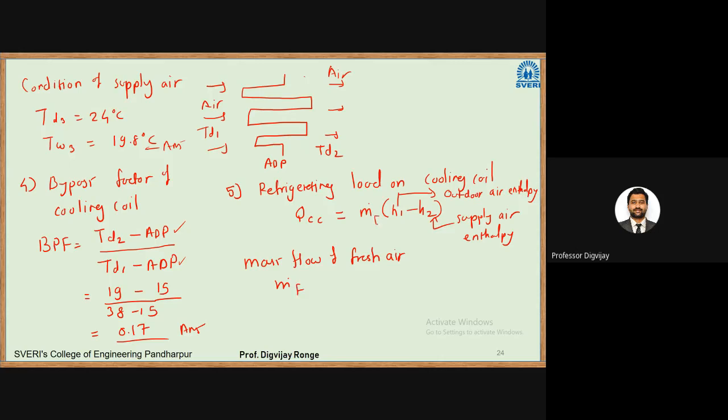Fresh air will be equal to the total room heat load divided by the difference between H4 minus H2. H2 is the supply air enthalpy, and H4 is the room enthalpy.